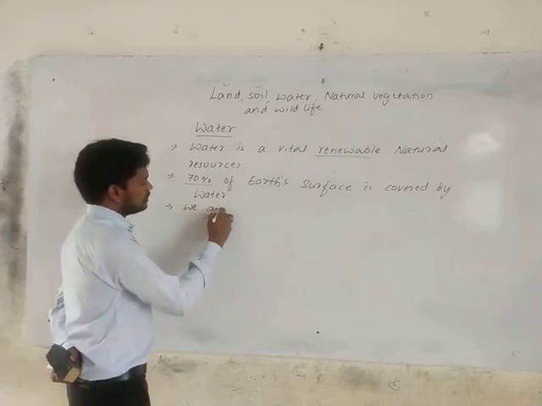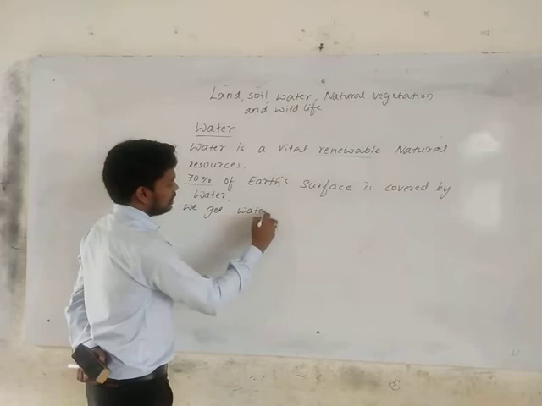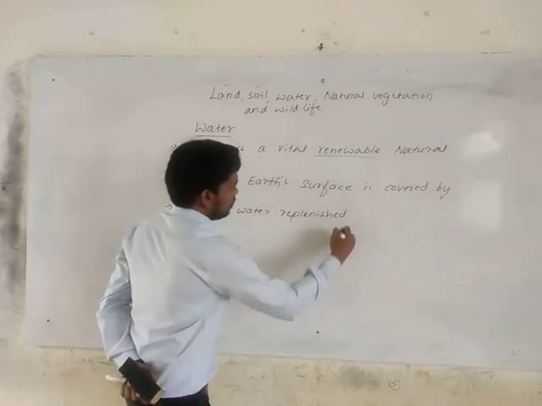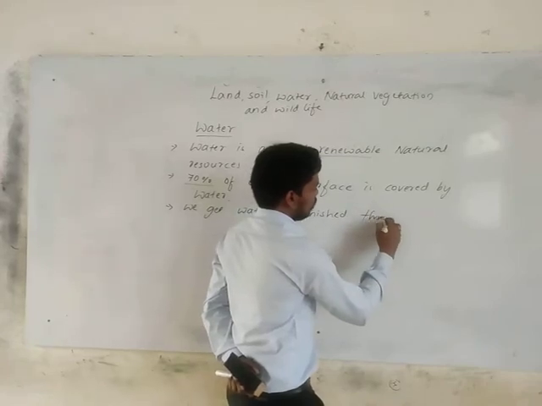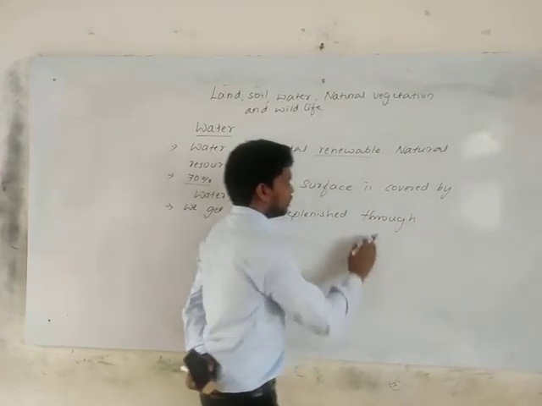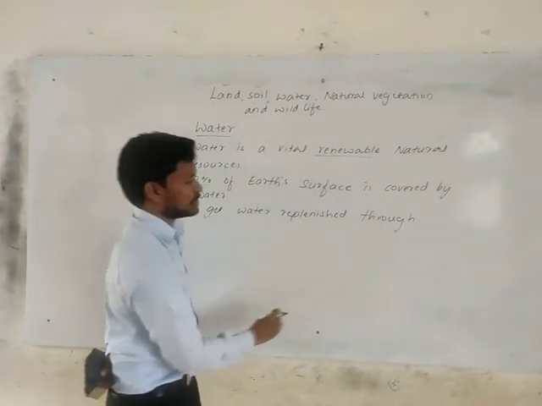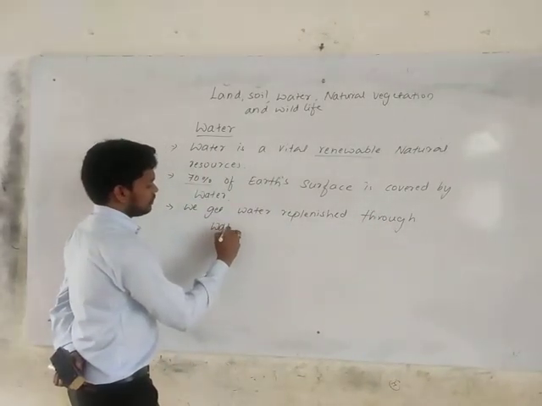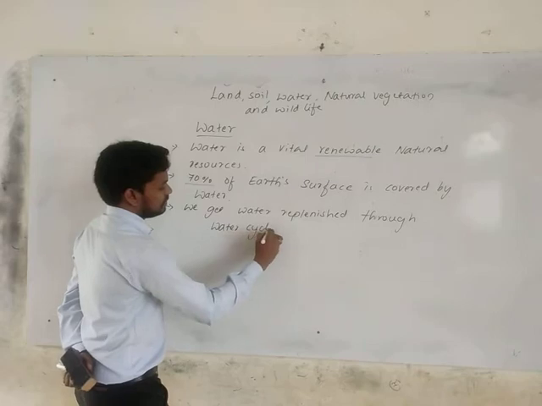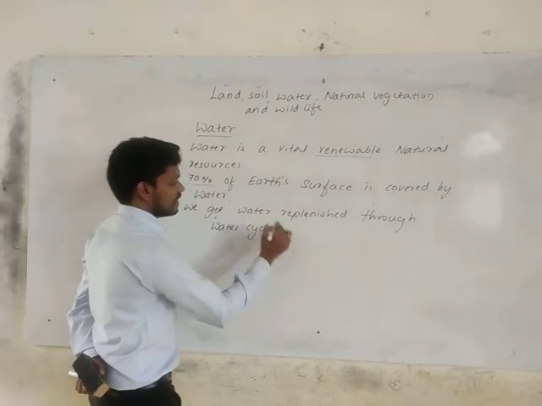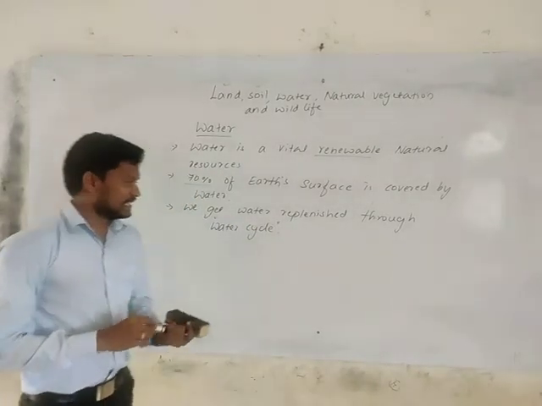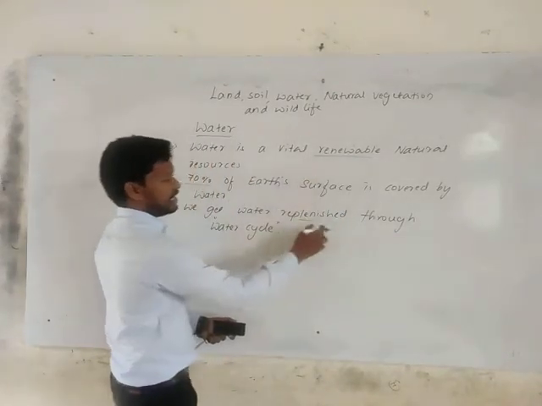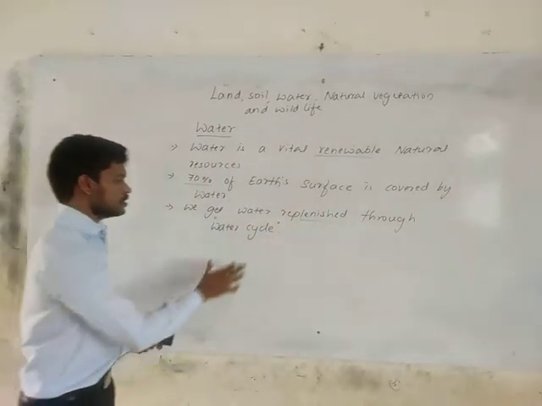So we get water replenished through the water cycle. You know about the water cycle? I explained the water cycle in the beginning, isn't it? In the 7th class we discussed this water cycle concept. So you get this water replenished, renewed, through the water cycle.